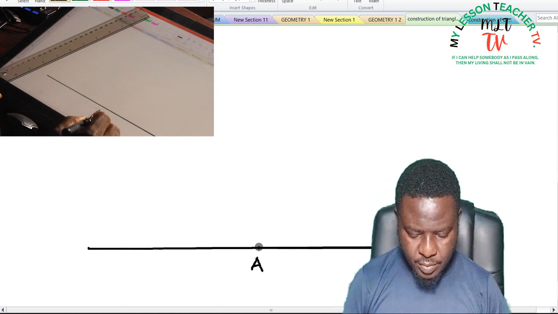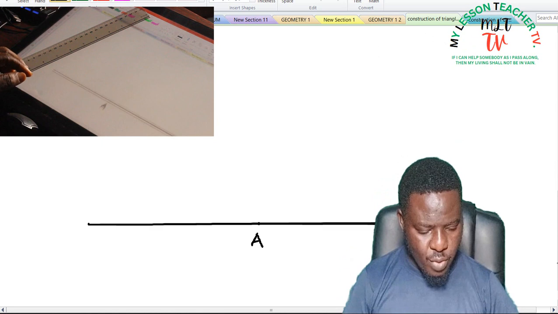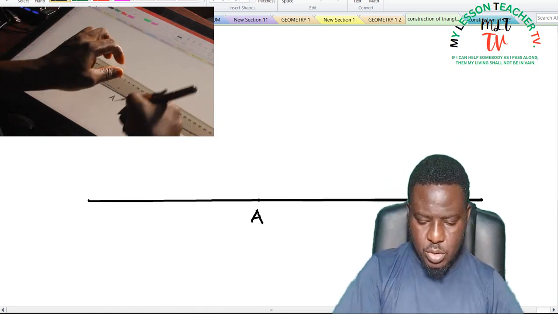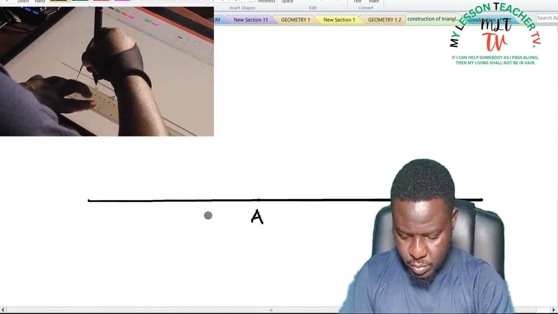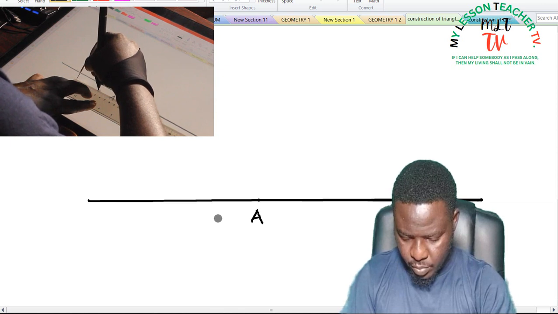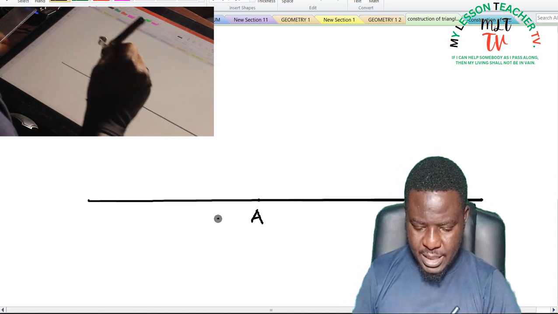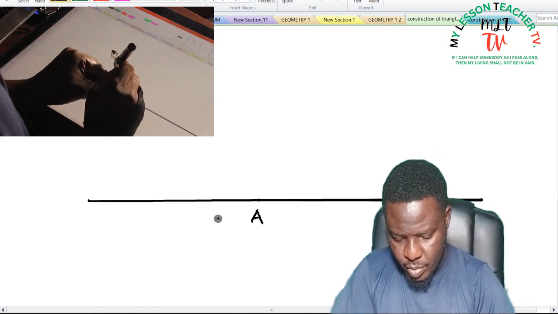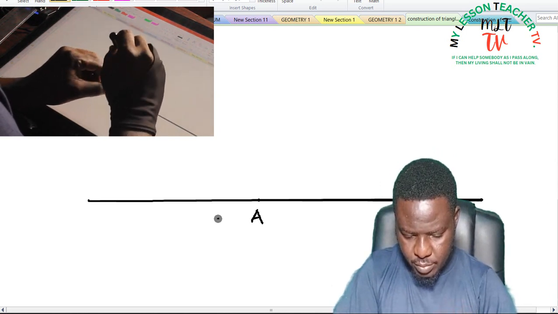Now with A as center and radius of 4.8, we have to construct point B. So 4.8, I'm going to measure it. This is my 4.8. Now with A as center, I'm going to construct 4.8.